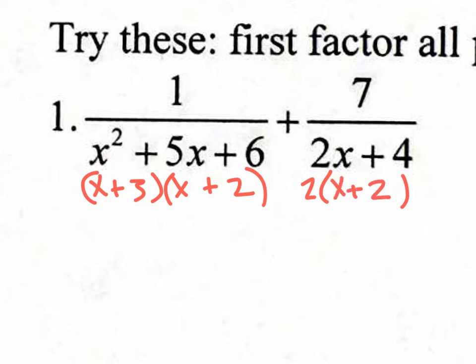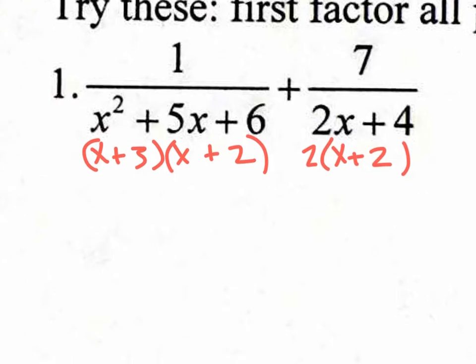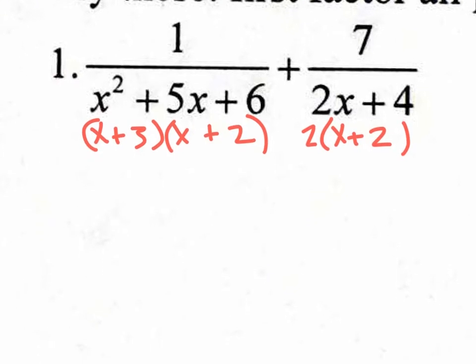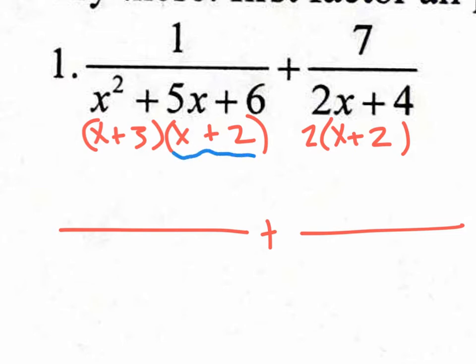So how are we going to write a common denominator? Now what do I mean by that? How am I going to change the original fractions to now have a common denominator on both? Well, remember what we did above? You find out what's repeating in both. There's an x plus 2 there and an x plus 2 there. So I'm going to write it once. X plus 2. That's a part of my common denominator.